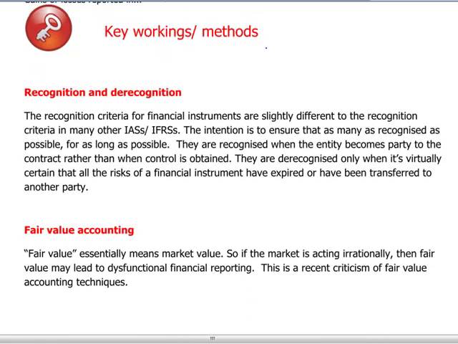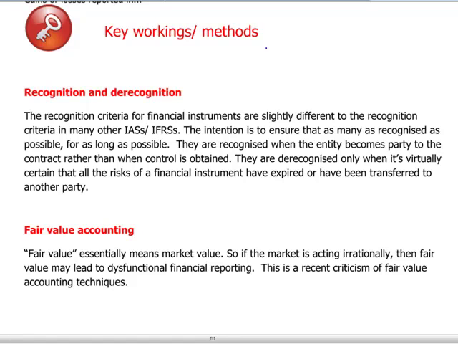Key workings and methods to remember in the exam. First of all, with respect to recognition and derecognition of financial instruments, the criteria is slightly different than what we know from the conceptual framework, in the sense that we want to recognize them as soon as possible for as long as possible.